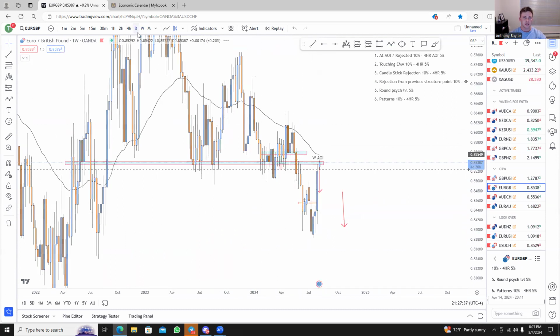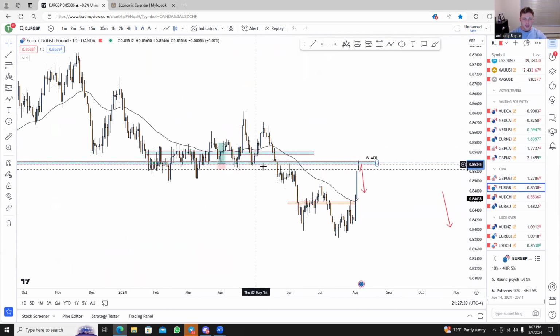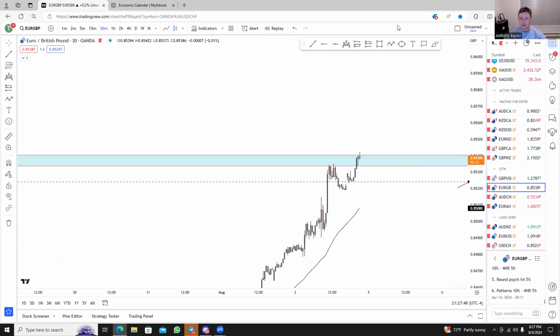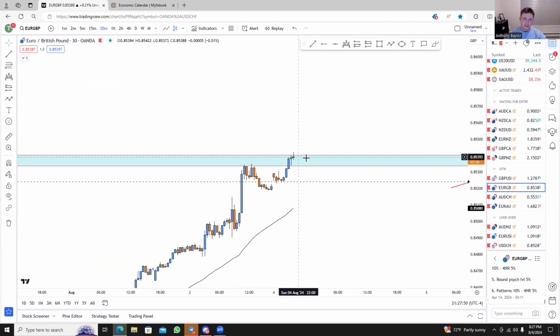We want to see this thing reject. Even at a daily zone, daily EMA is way down there. Yeah, I could see this thing. Boom, boom. So why do I have an alarm set right here? That's the shift of structure. Ready? Higher high, higher low.